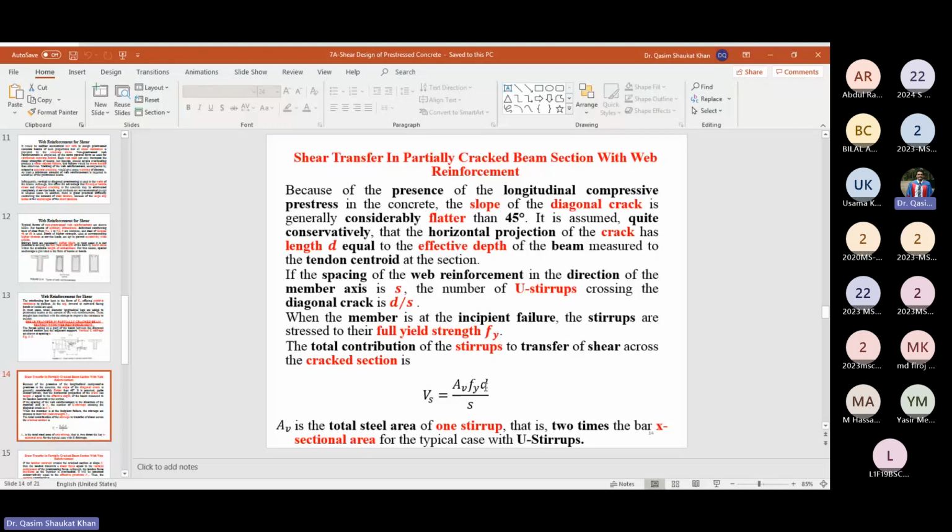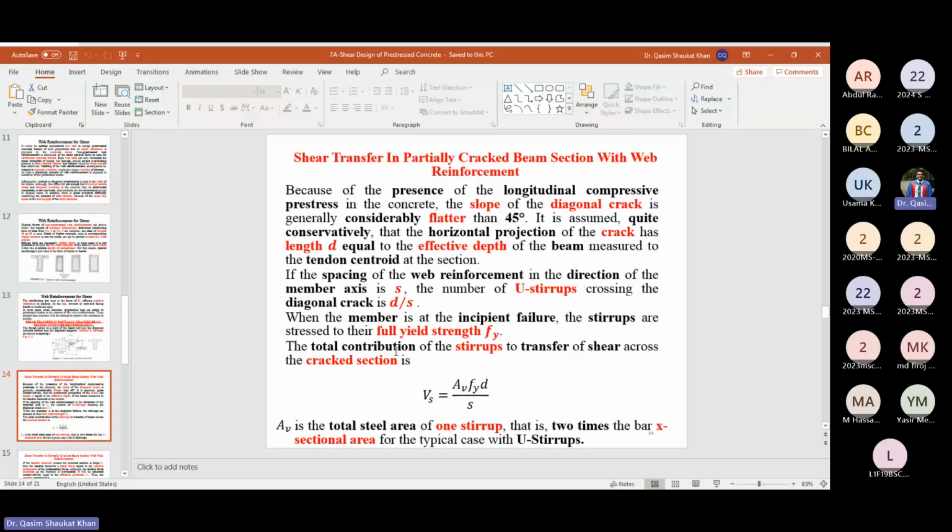Fy is the stress. So area into the stress will give you the load. d over s will give you the number of stirrups in the cracked section.